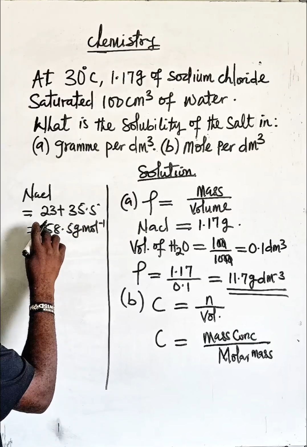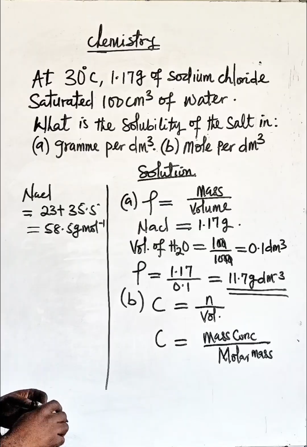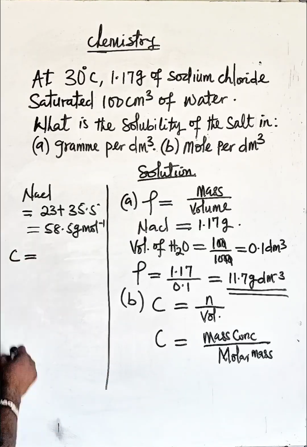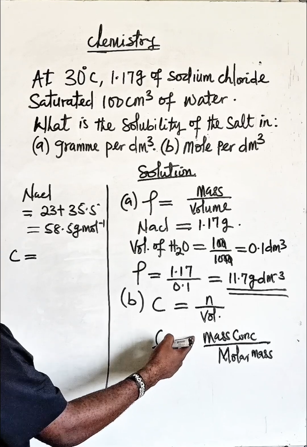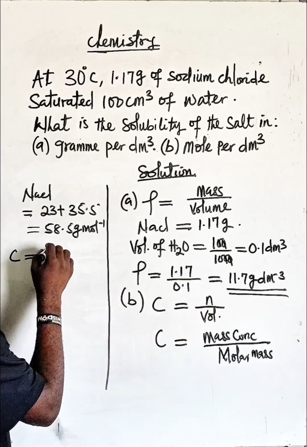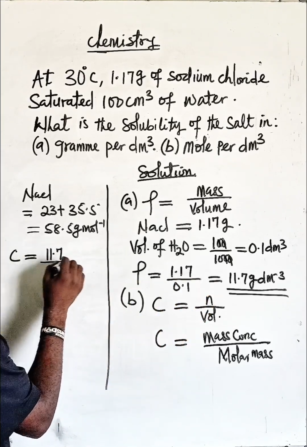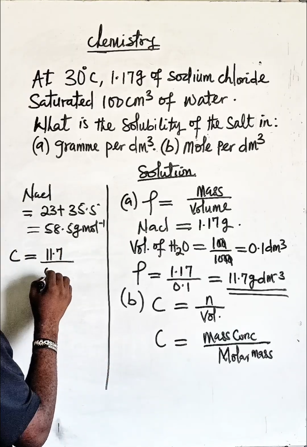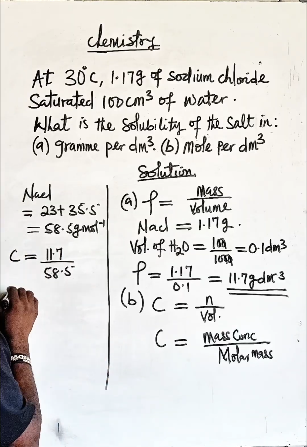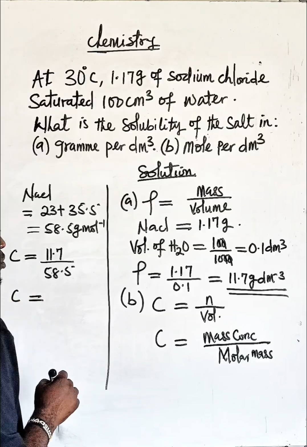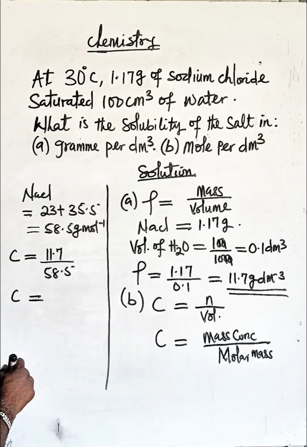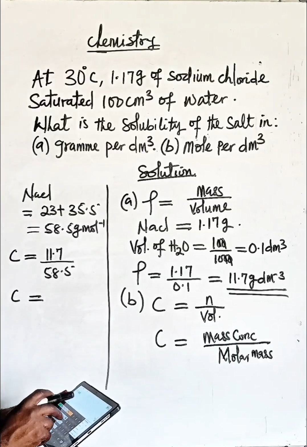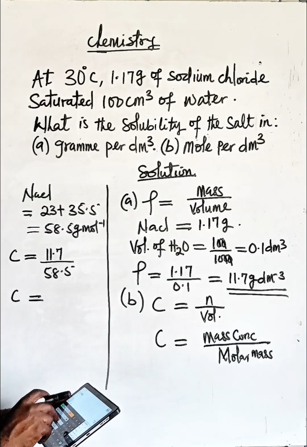So that is the molar mass of sodium chloride, which means the concentration C in mole per dm³ is going to give us the mass concentration, 1.7, all over molar mass, 58.5. So concentration is going to be 1.7 divided by 58.5.